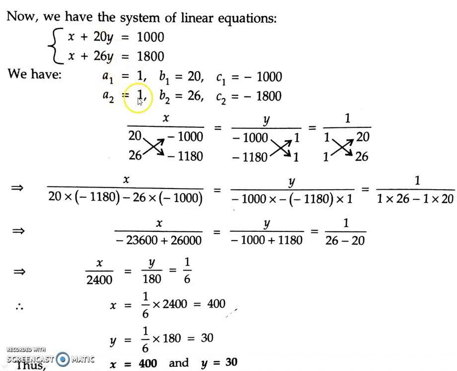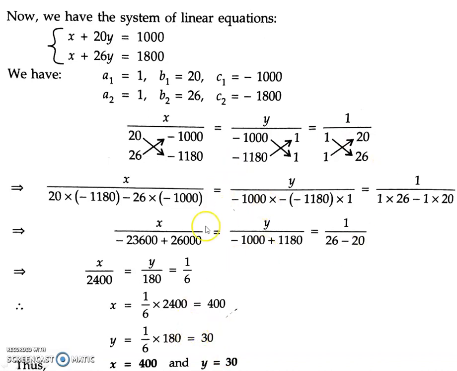So again write a1 by a2, b1 by b2 and c1 by c2 in this way. Then x divided by, write down the coefficients in order and cross multiply, equate, and x comes out equal to 400 and y comes out equal to 30. That means the fixed charges are 400 rupees and the cost of food per day is 30 rupees.